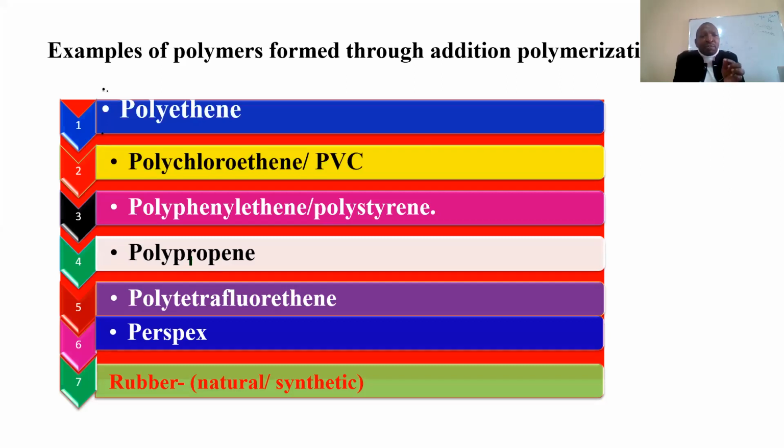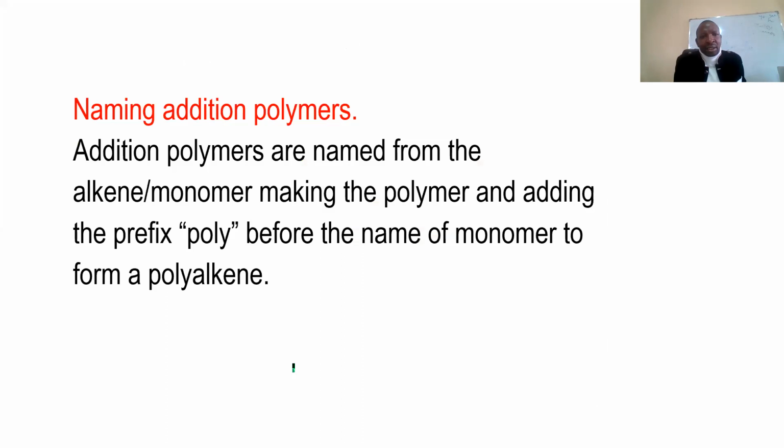If the monomer is propene, the polymer becomes polypropene. That is how simple it is to get that, except the perspex. The perspex polymer is a little bit different. We have an exception there.